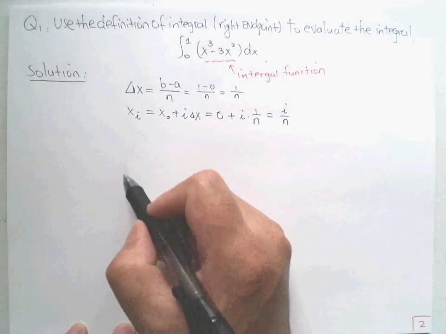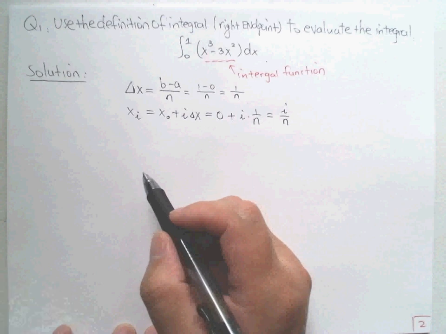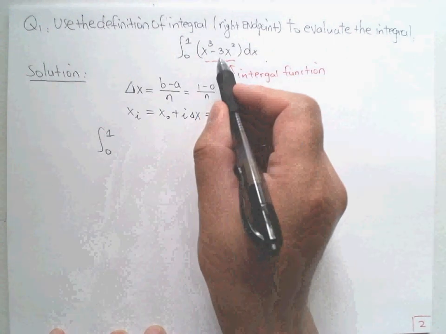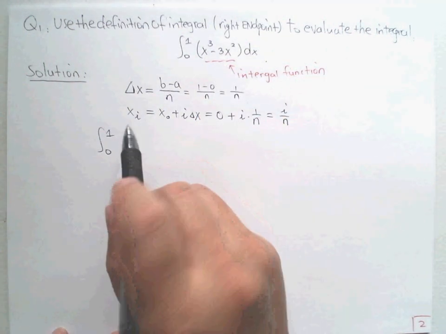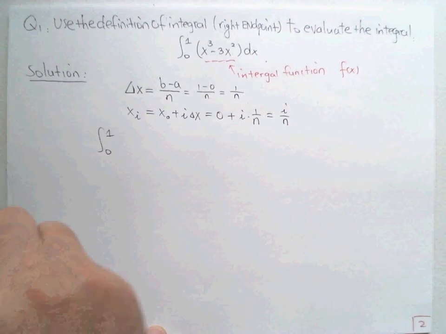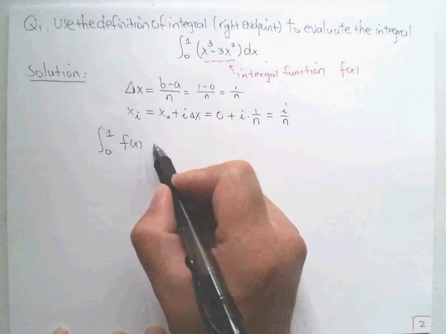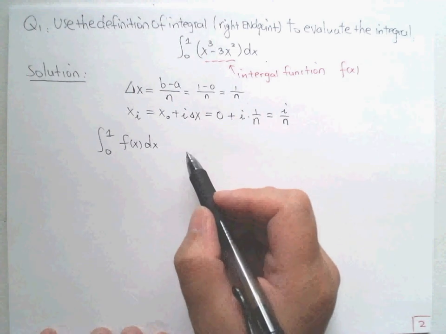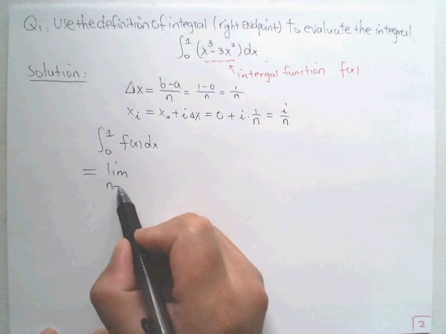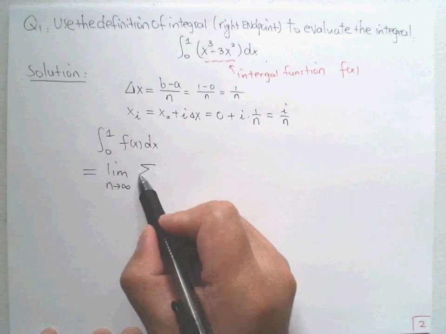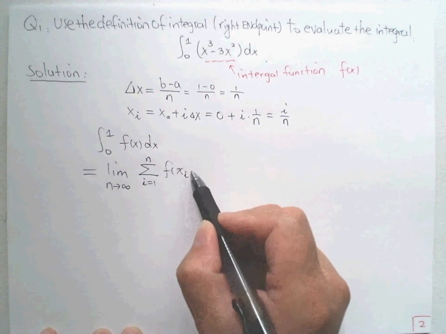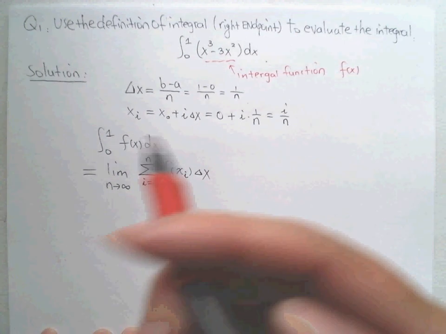Then plug into the limit definition. The original integral is from 0 to 1 of this function, which I will name f(x), so we want the integral of f(x) dx. Using the limit definition, it is the limit as n approaches infinity of the Riemann sum, the sum from i equals 1 to n of f(x_i) times delta x.